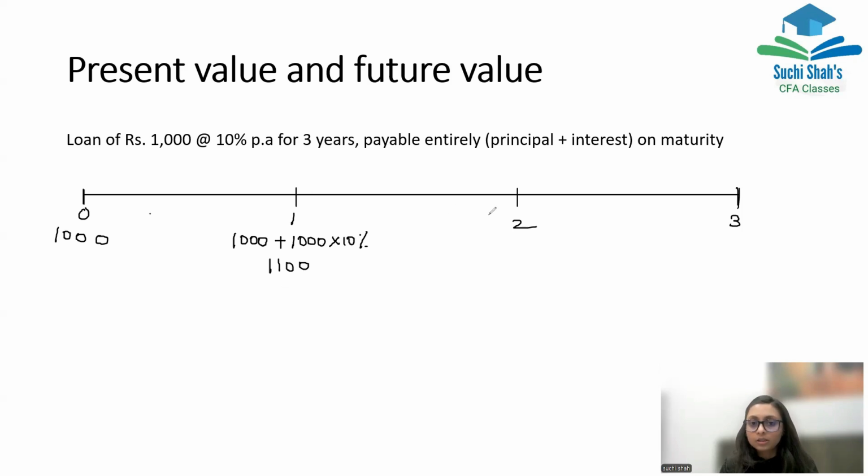Now for the year 2, okay, your 1,100 will become the debt value. So now if I want to close the loan today itself, that is at the end of year 1, how much do I owe you? 1,100, right? So throughout the second year, what was I owing you?